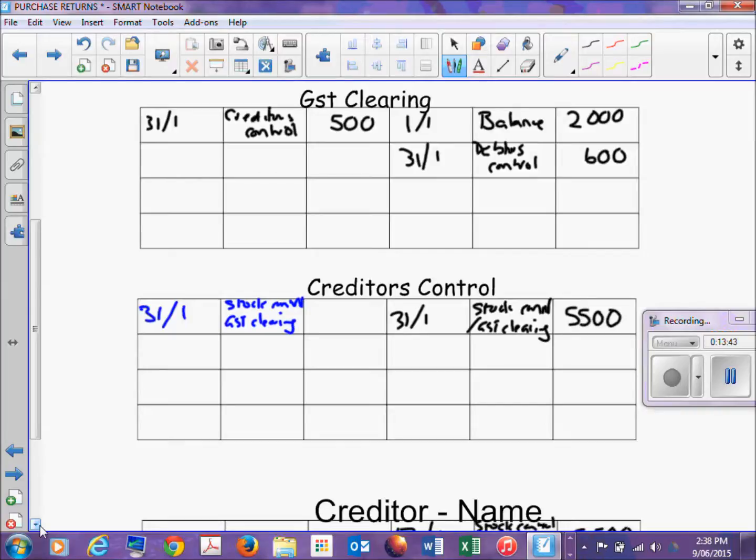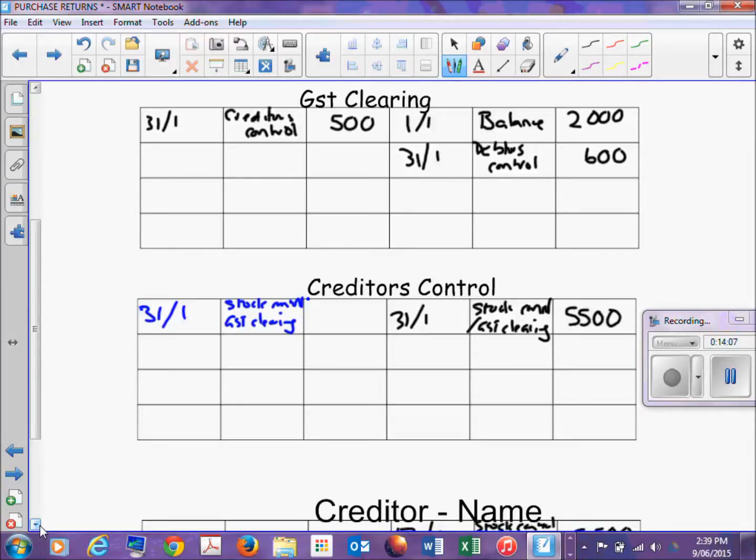Now, let's assume for this question that we didn't return all the stock. Let's pick a number between 1 and 5, because we bought 5,000. Less than all of it, in between. 3. So therefore, how much will go into creditors control? If the stock is 3,000, GST would be 300.